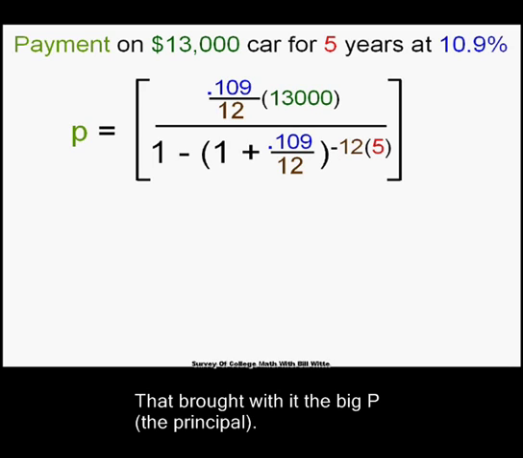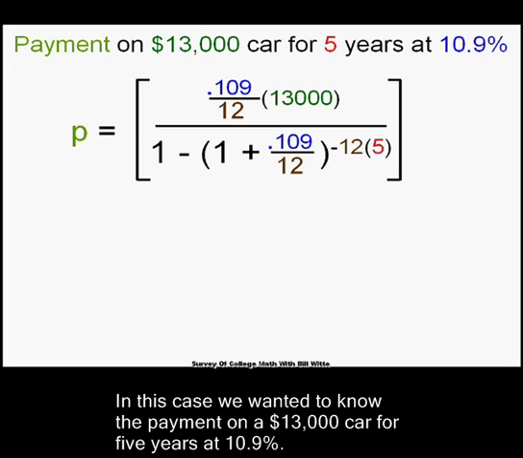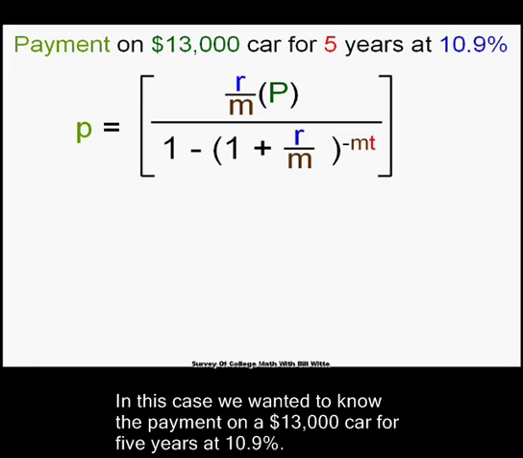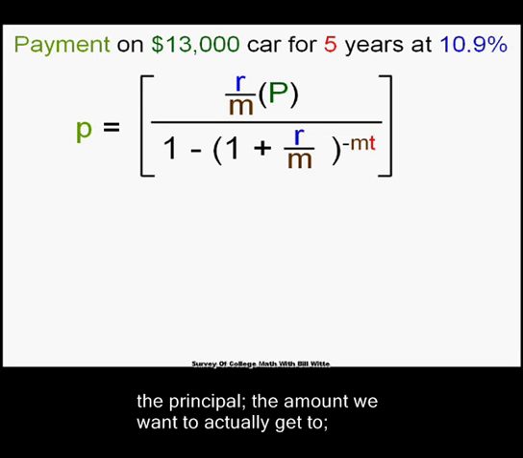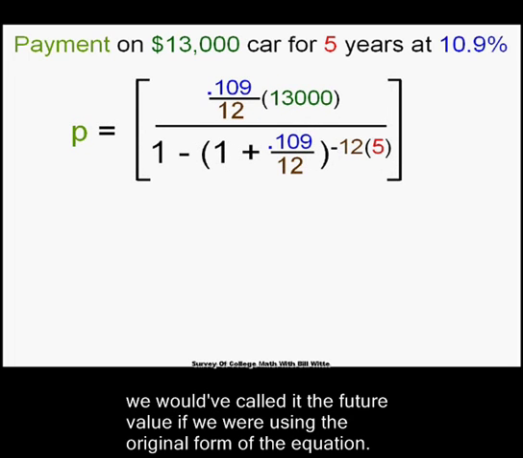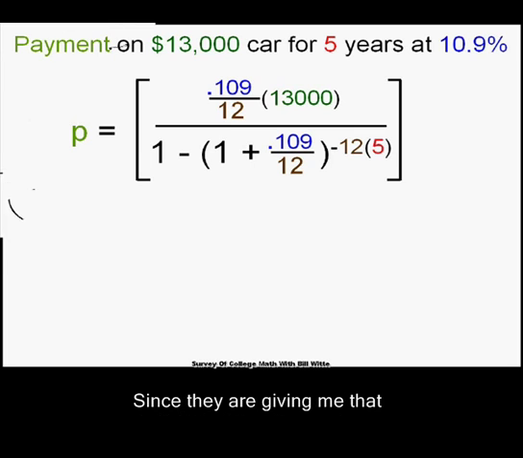And in this case, we wanted to know the payment on a $13,000 car for 5 years at 10.9%. So look at the big P. We put in, as you can see, the principal, the amount we would have called the future value, the amount they're going to give me right now, or we'll actually call it the present value. Okay? And that we can just put directly into the calculator.